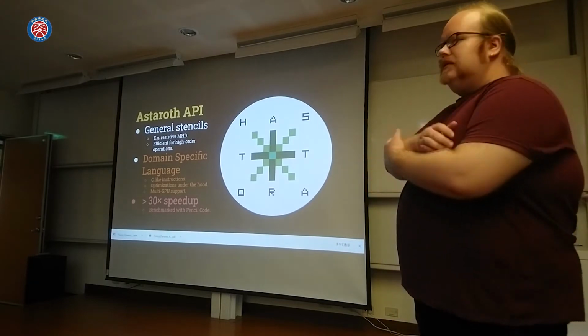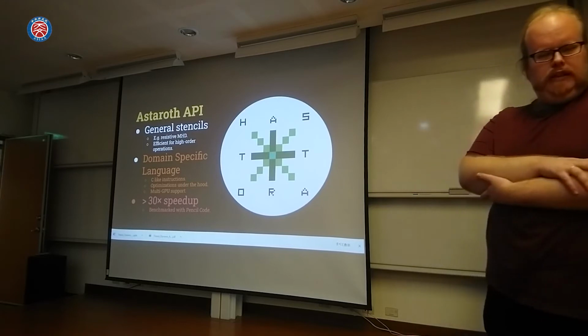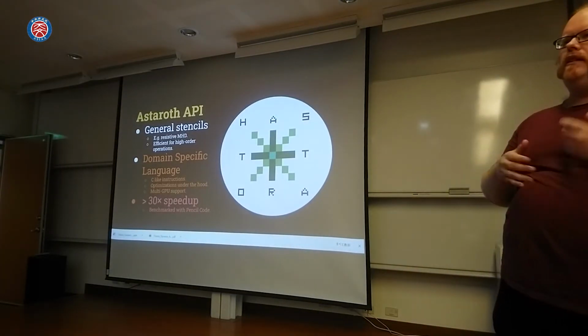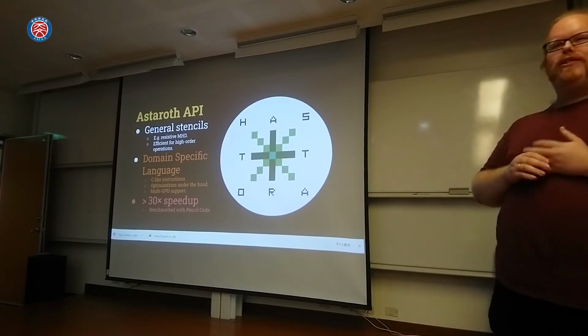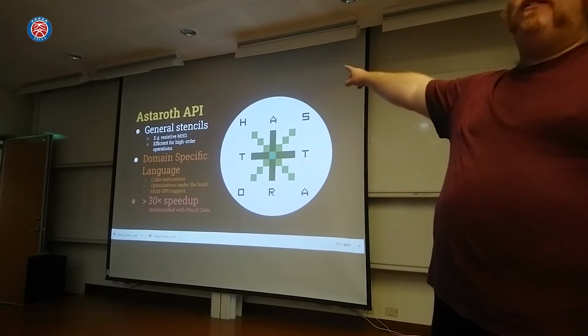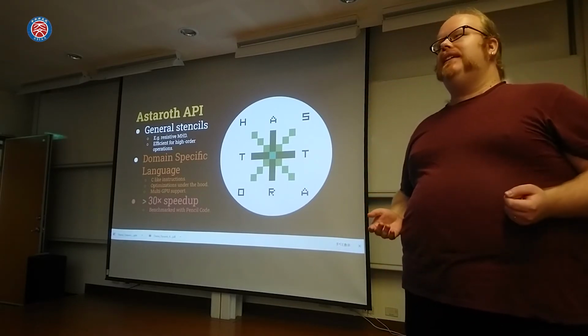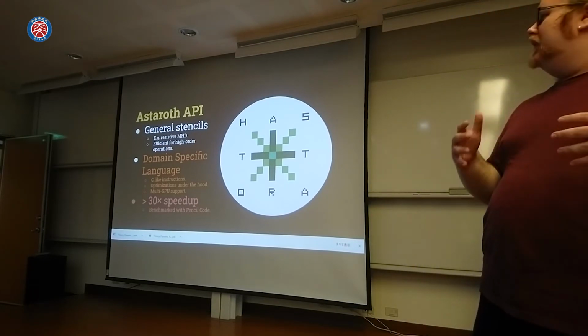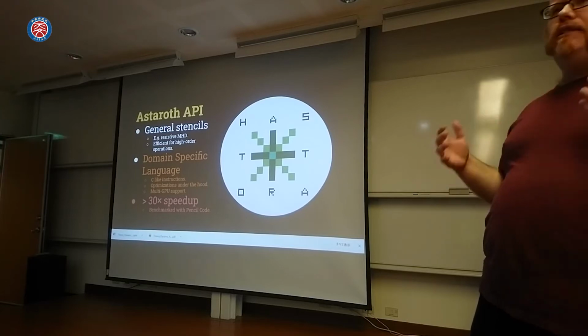Basically, Astaroth is a code with which you can accelerate numerical computing with GPUs. And because we have computer scientists working on this, it's now in the form of an API, or application programming interface.